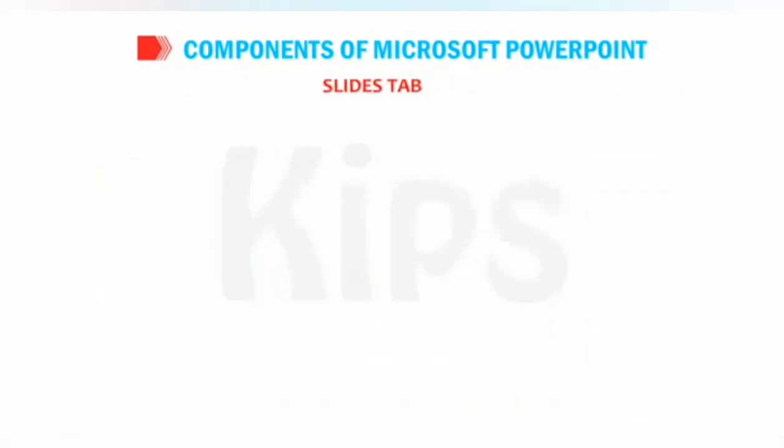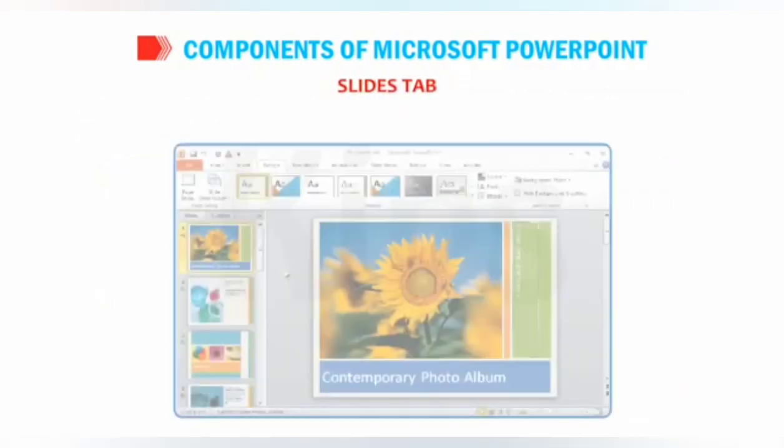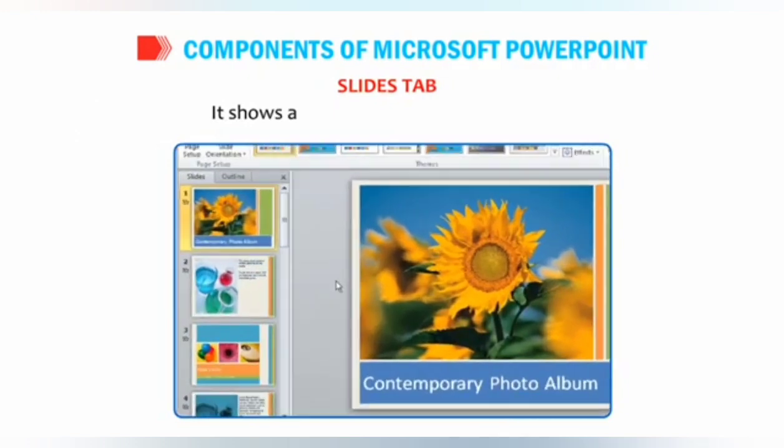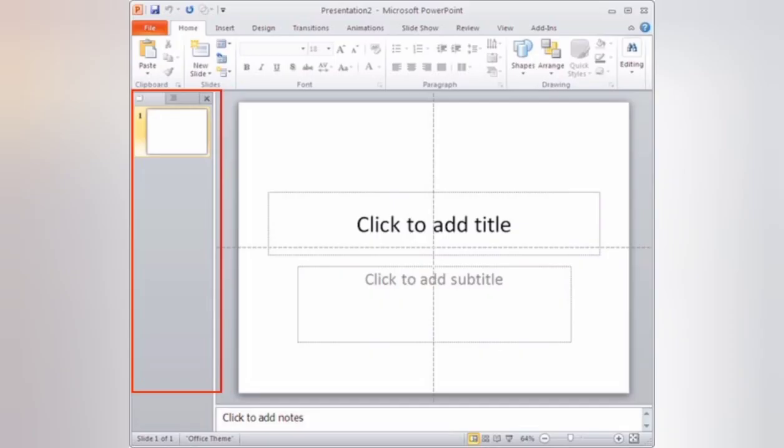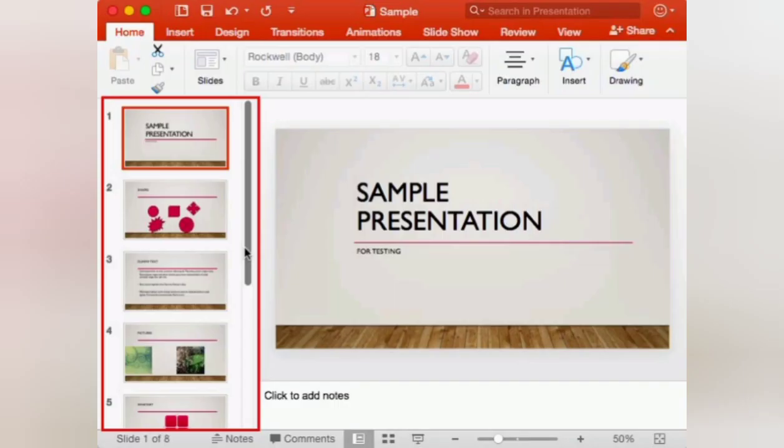Next, the slides or outline pane. The slides or outline pane is located on the left side of the window. The slide pane shows the thumbnail of each of the slides in the presentation. See this, in this window the left side contains the slides in the presentation.